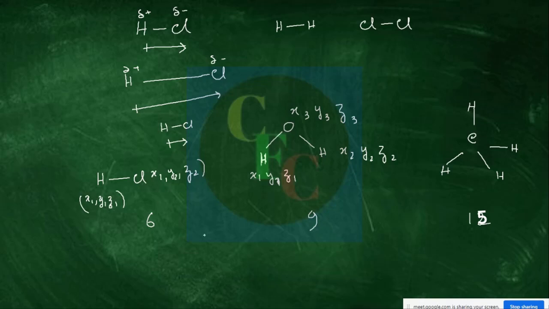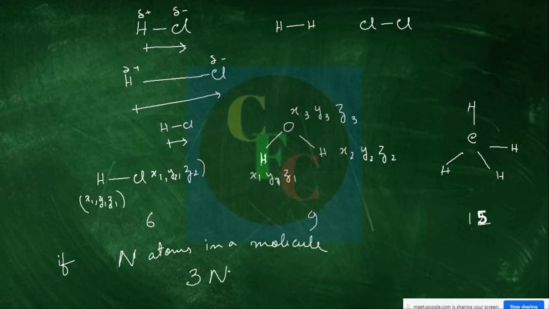So in general, if there are n atoms in a molecule, then 3n coordinate values are required to describe the atoms of the molecule.